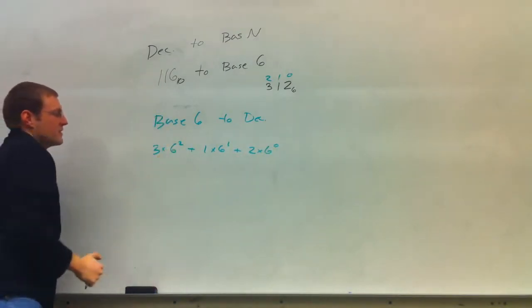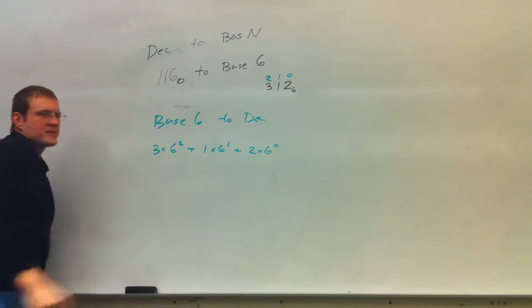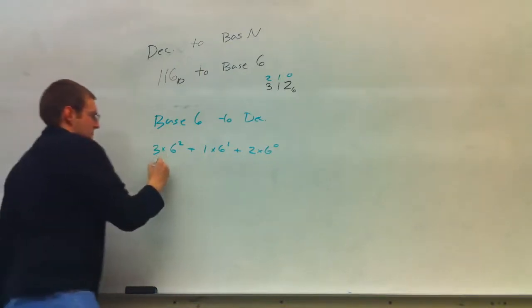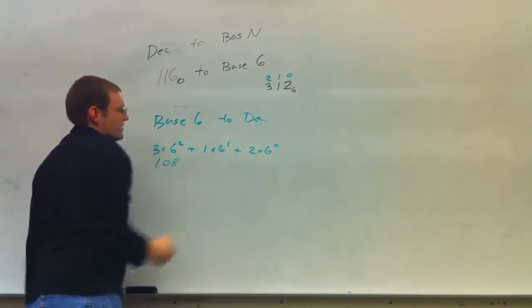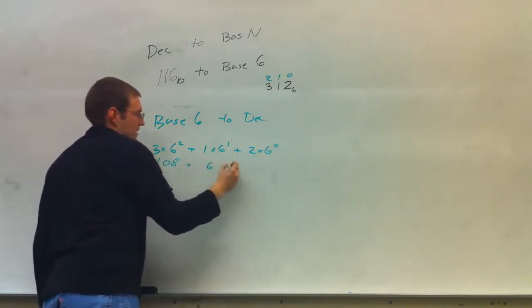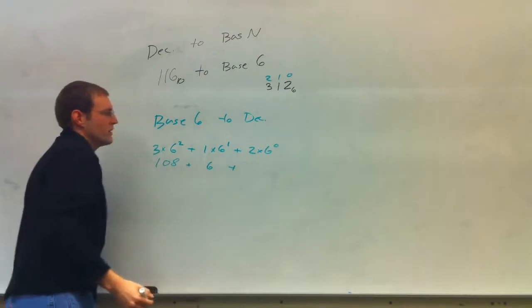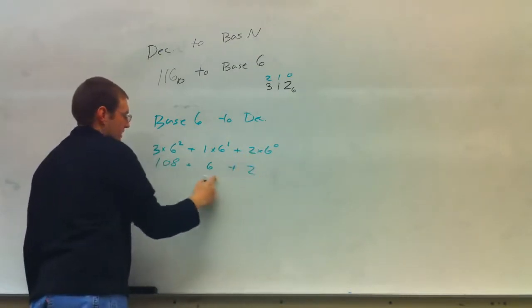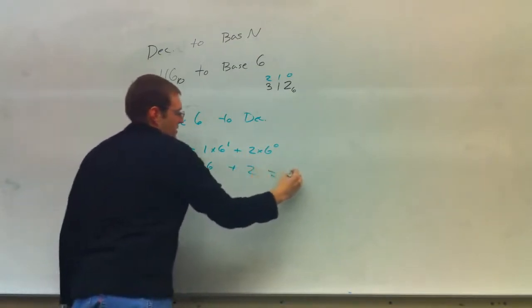So 6 times 6 is 36, times 3 is 108. And then 6 times 1 is 6. And then 6 to the 0 is 1, times 2 is 2. So we're going to get 116.